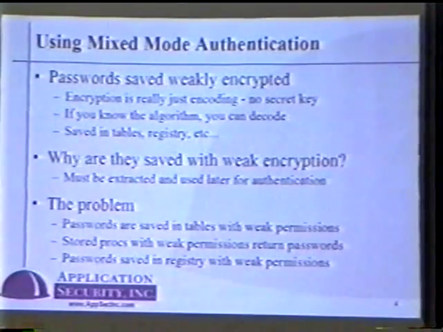These passwords are usually stored somewhere in the registry or in tables. I don't even like to use the term weakly encrypted. They're really encoded using an algorithm so that you can't obviously see what the password is, but there's no secret key to encrypt it. It's really just knowledge of the algorithm that's keeping it secret.